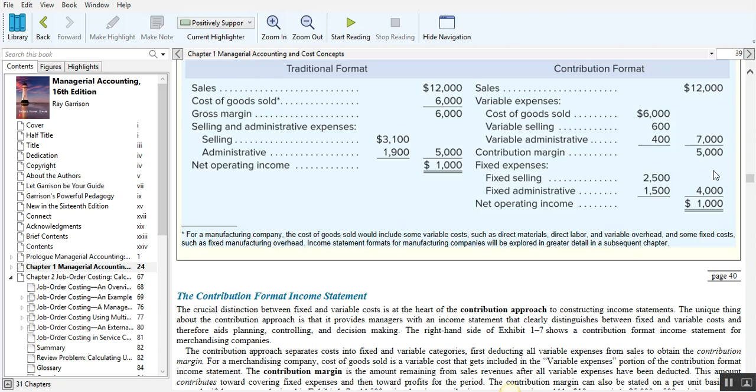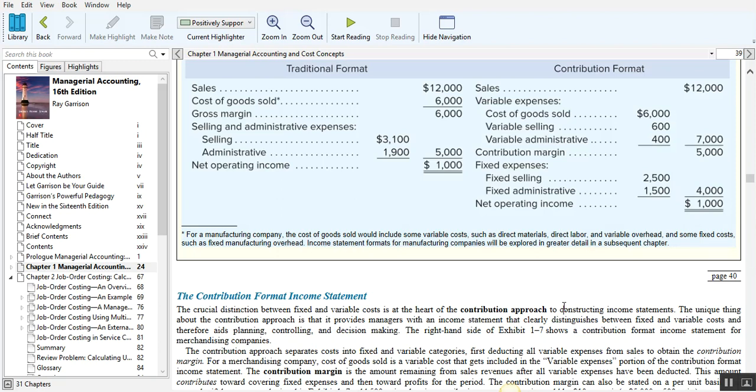Sometimes it would look like it would be good to eliminate a product, but if you eliminate the product, you also eliminate the amount of overhead it's absorbing. So you wind up in a worse position by eliminating it. And that's why a lot of executives were interested in this information.